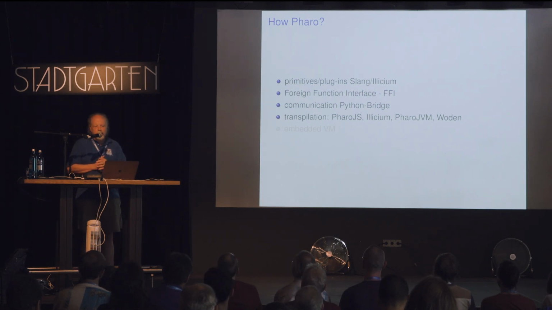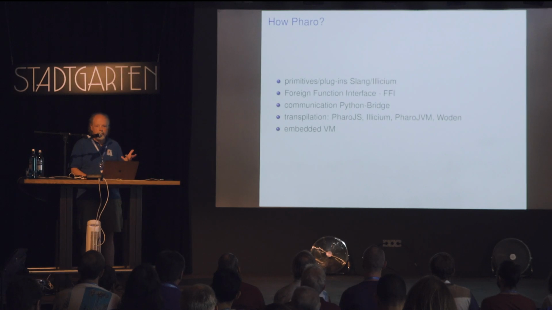Transpilation is the next possibility, and transpilation basically means to convert from one source language to another source language. So there's many people that are interested in this. PharoJS does this, transpiles to JavaScript, Elysium to C, PharoJVM to the Java VM, Woden to shaders and so on for GPUs.